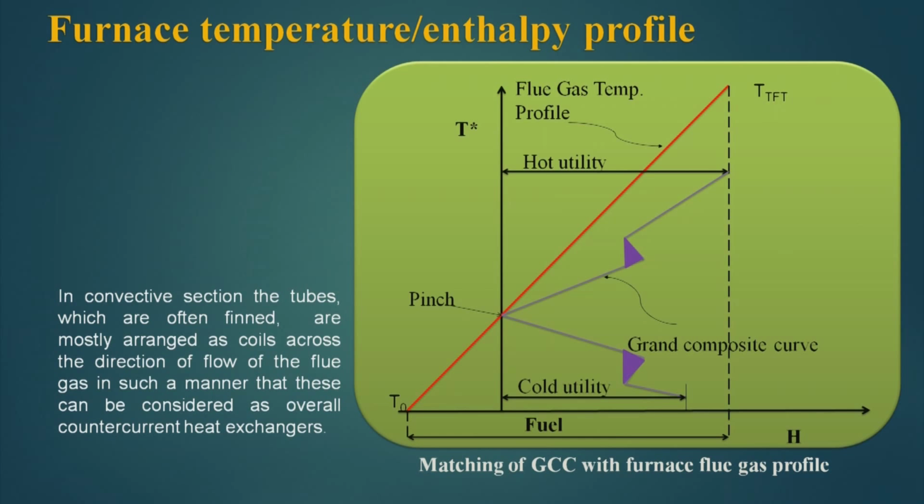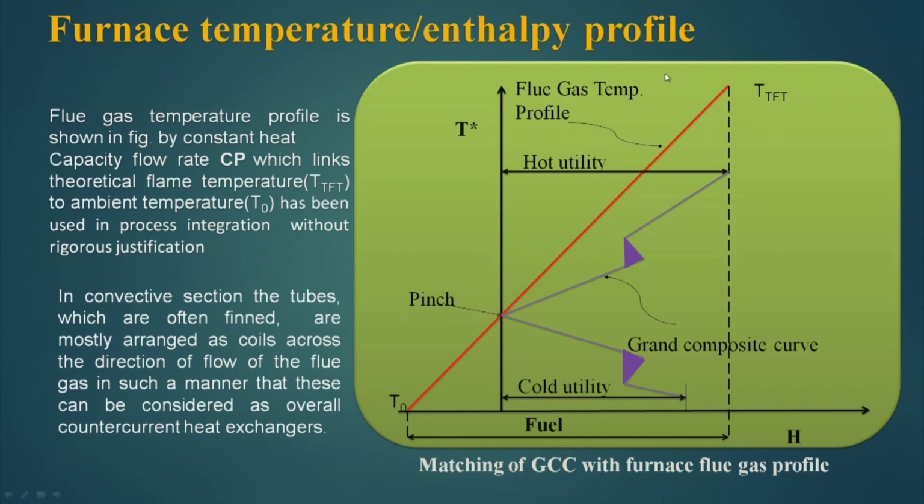Now, this links the TFT to T0. So, one extreme of this line is TFT, the other extreme is T0. In the convection section, the tubes, which are often finned, are mostly arranged as coils across the direction of the flow of the flue gas in such a manner that this can be considered as an overall counter current heat exchanger.